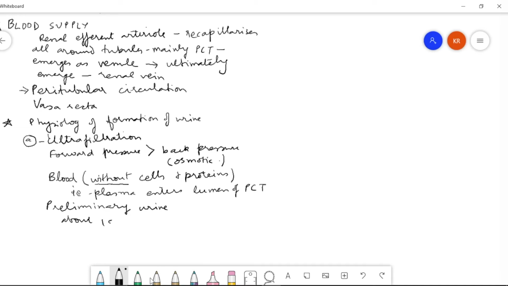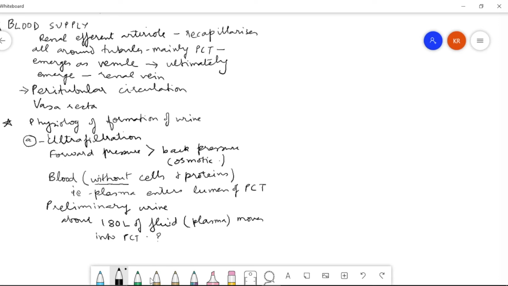Let us try to say over here that about 180 liters of fluid or plasma moves into the PCT, or you can simply say that 180 liters of blood enters into the kidney.